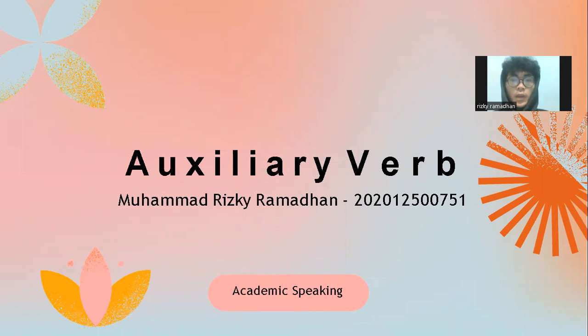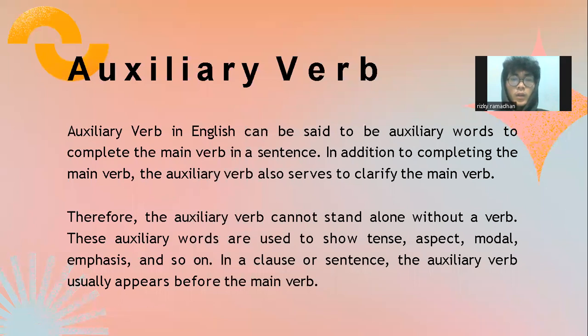2020-12-50751. In this video, I will bring about auxiliary verb. What is auxiliary verb? Auxiliary verb in English can be said to be auxiliary words to complete the main verb in a sentence.